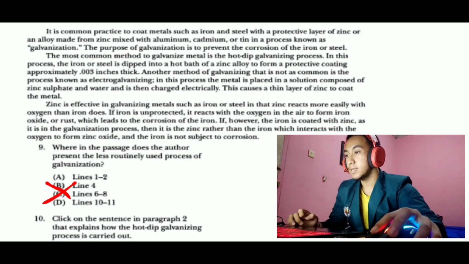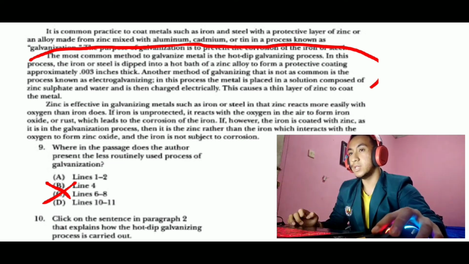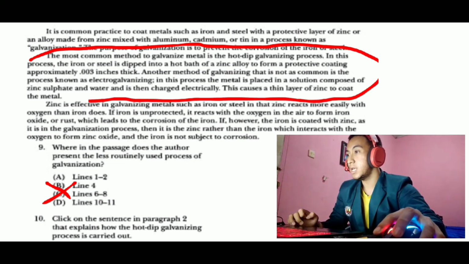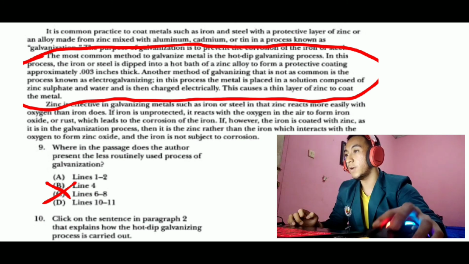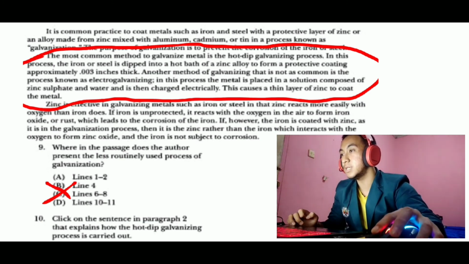Number 10. Click on the sentence in paragraph 2 that explains how the hot dip galvanizing process is carried out. The answer is in paragraph 2, where the author explained how the hot dip galvanizing process works. The most common method of galvanizing metal is the hot dip galvanizing process.